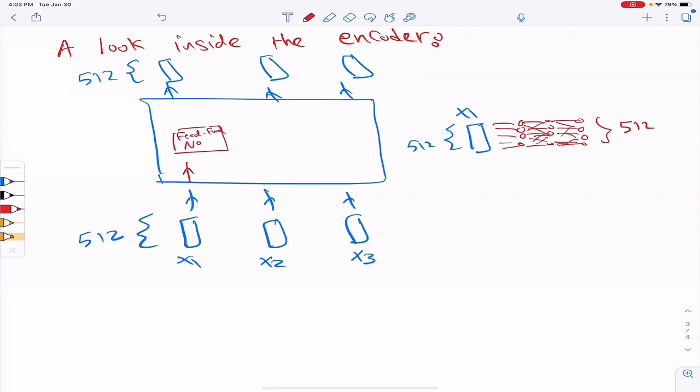You apply the same network, but on x2. Feed-forward network, same weights. Get the output for the second one. Feed-forward network, and you get the z3.